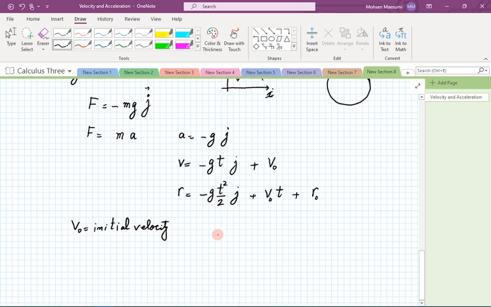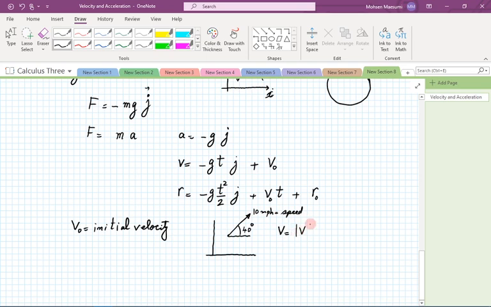Initial velocity sometimes is expressed in terms of initial speed and angle. Like I might say, I'm at this location, I am throwing something at some angle, say 40 degrees, at a speed of, I don't know, 10 miles per hour or something. If that's my speed and this is my angle, how do I get my velocity? Velocity is simply equal to whatever speed you have.